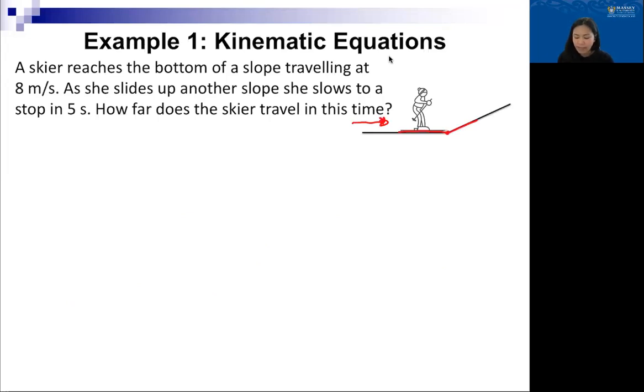The skier is traveling at 8 meters per second by the time the skier reaches the bottom of the slope. He then slides up another slope to the right and slows to a stop in 5 seconds. How far does the skier travel in this time, when the skier started to go up this second slope and slow down because it's uphill?